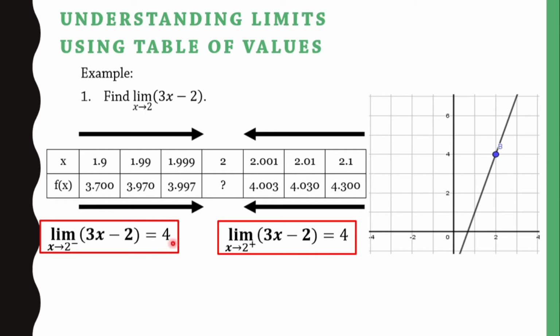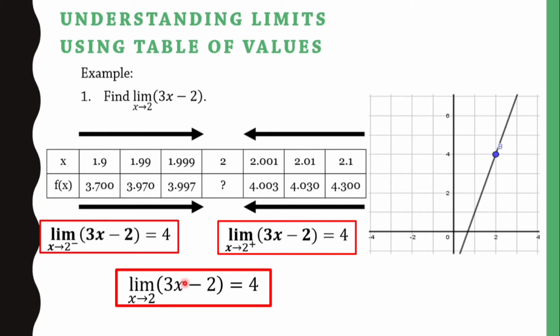Therefore, since the limit from the left and the limit from the right are the same, we can say that the two-sided limit of 3x minus 2 as x approaches 2 is equal to 4. This means that whatever value of x you choose that gets closer to 2, the value of f of x or y will also get closer to 4.